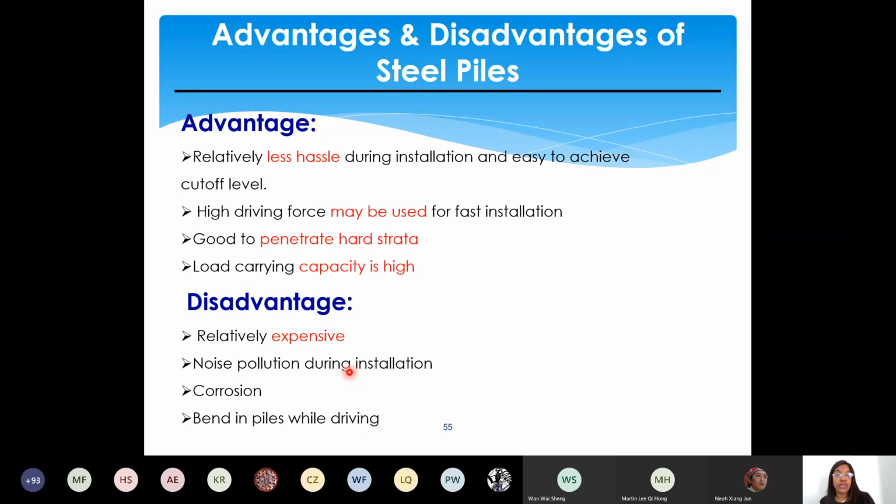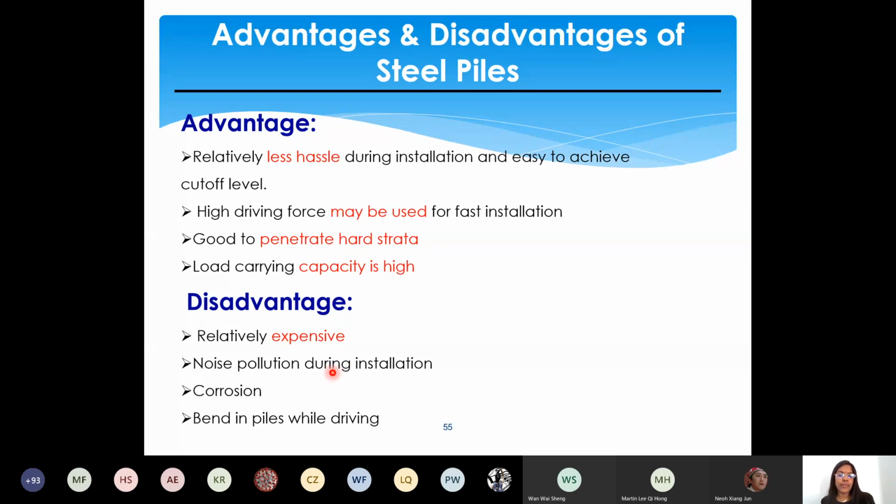If you are running a timber pile manufacturing company, you grow a plantation, you already have some material being supplied for your company, right? But for steel you still have to depend on the ore supplies, and hence it is very expensive. Because of the raw material it is expensive.